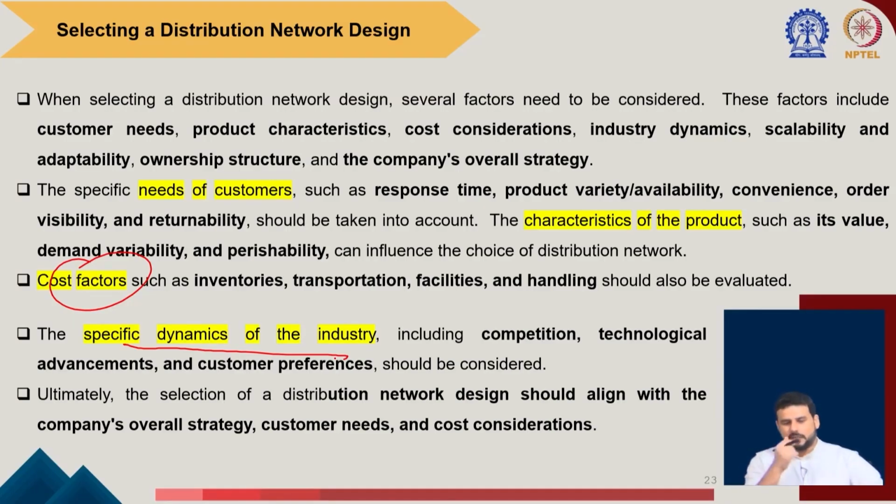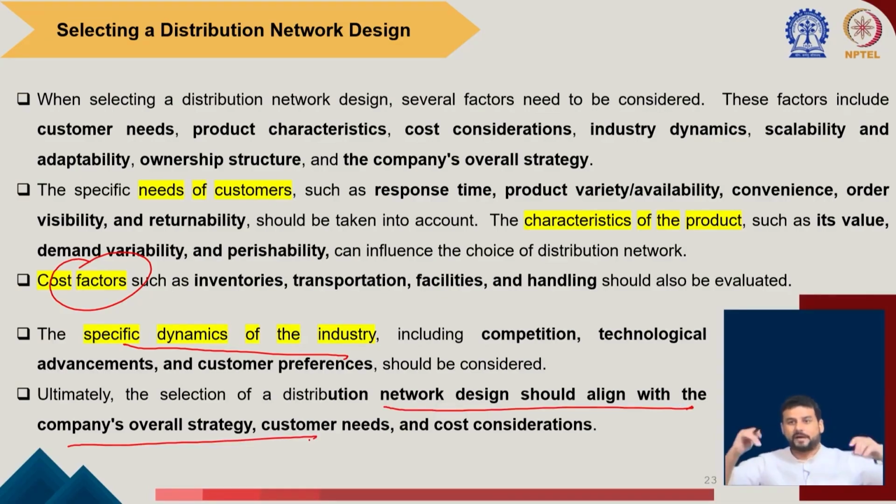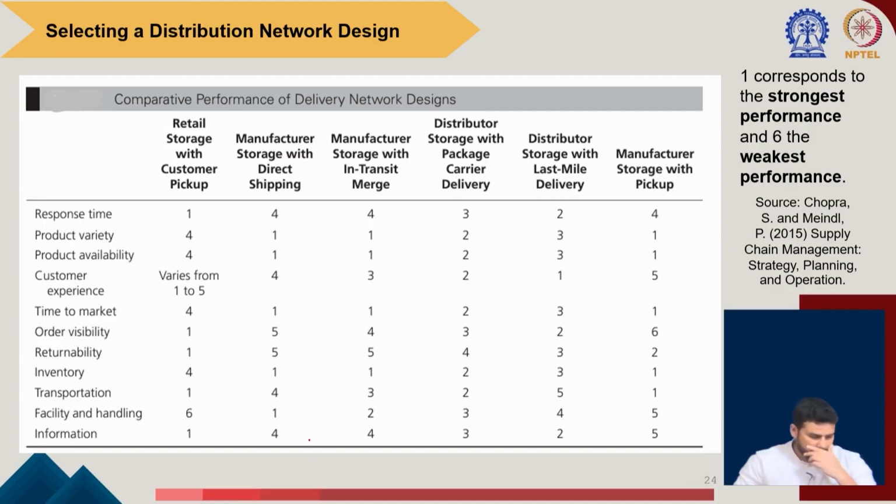Whatever design you pick, you need to make sure it aligns with the overall strategy. If Amazon Fresh is promising same day delivery, that has to happen. Fresh means if you place the order today and get it tomorrow, what is fresh then? So you need to opt for the kind of distribution network where your facilities are very near to the customer from where you are delivering the product.